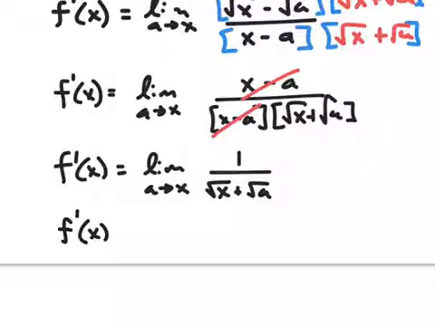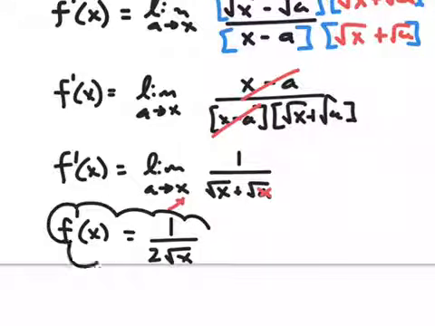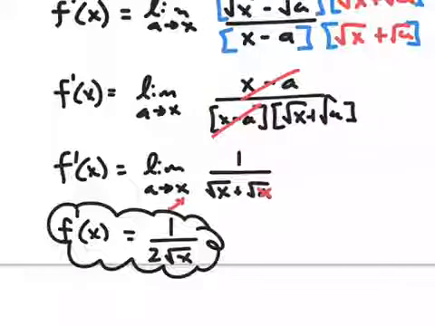And that direct substitution would be plugging in an x for a. So it looks to me like after that direct substitution, we get 1 over root x plus root x, which is 1 over 2 root x. And that's our derivative of the square root of x.